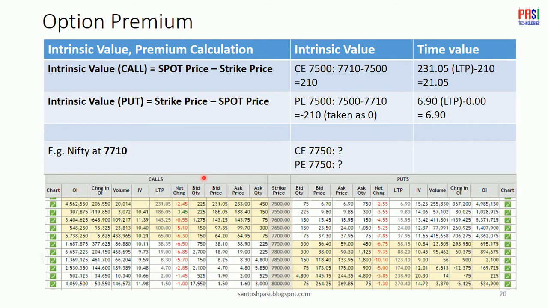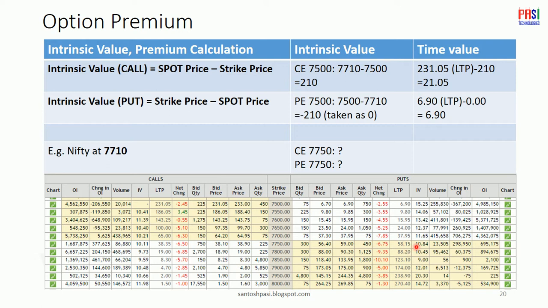So let's take another example here. Assume that Nifty is currently at 7710, and let's find out the intrinsic value and time value for 7750. As you can see, 7750 is in white color, so there won't be any intrinsic value. So everything here, 38 rupees 35 paise, is my time value. Also in case of put, this is a yellowish color, which means it has time value plus intrinsic value.